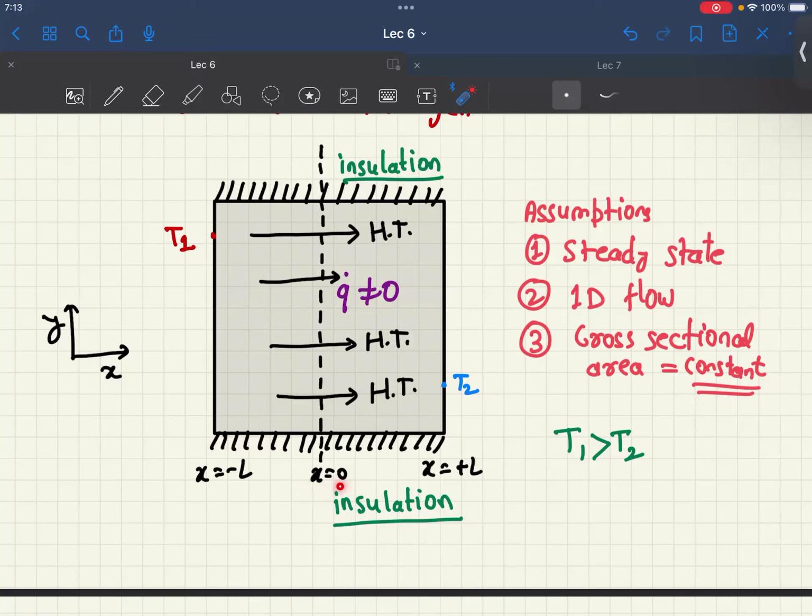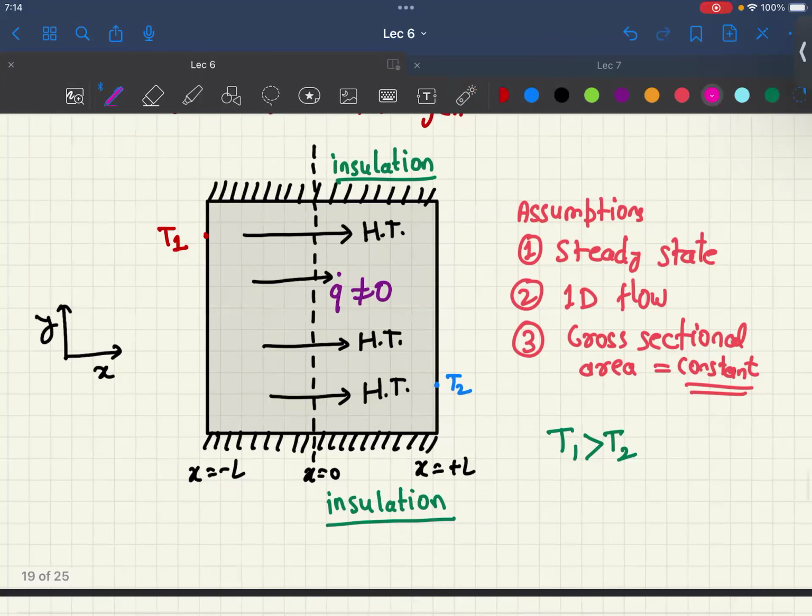So the center of the slab we are assuming is at x equal to 0, and the cooler end, the surface which has a lower temperature, is at x equal to plus L, where L is the half length of the slab, and the surface which is at higher temperature is maintained at x equal to minus L, right? So the entire length of the slab we are considering as 2L.